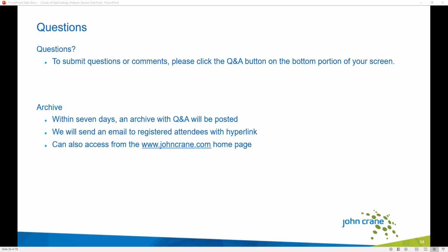Sure, absolutely. So one thing is that you may physically be able to see it with your eye. And in fact, this is something which we're going to address in session 2 of the webinar. We're going to look at this more closely. And we've got a couple of great images, I believe, of where the high and low spots are, where you can physically see where some elements of the seal have had more wear than others.